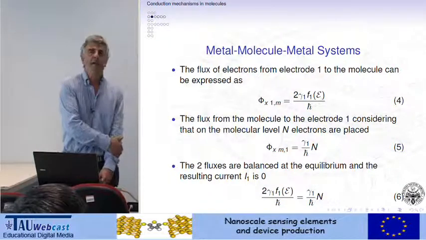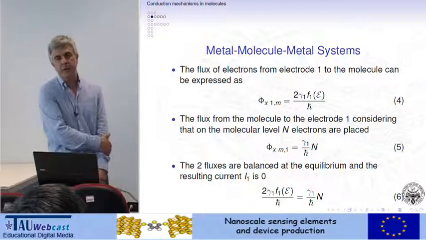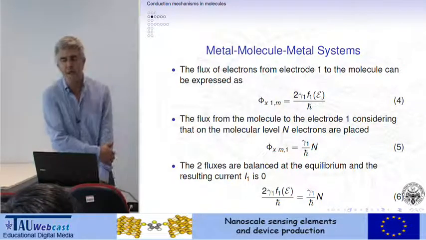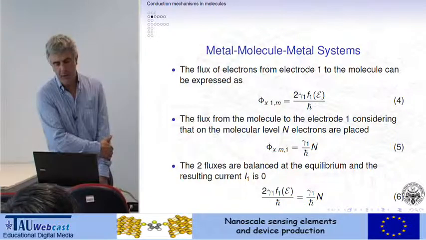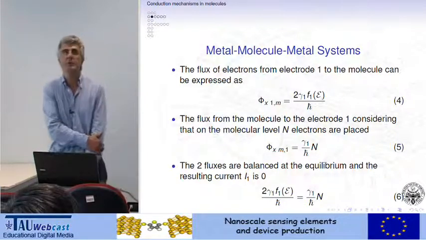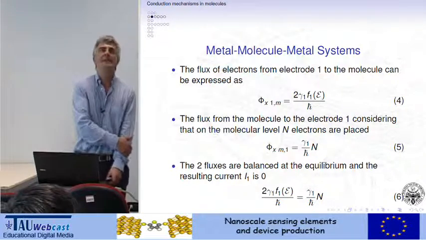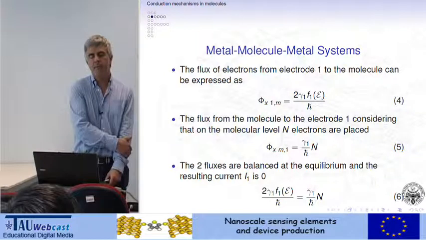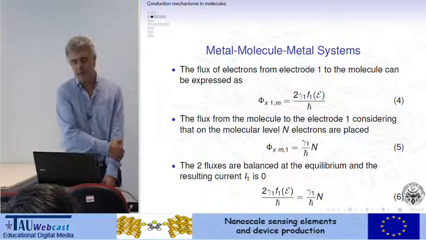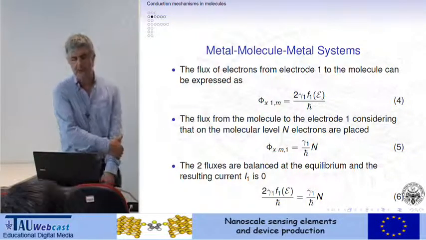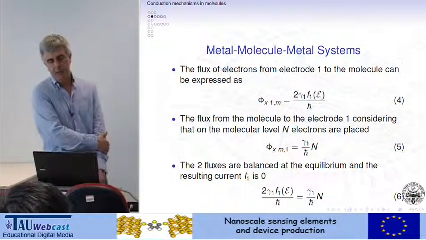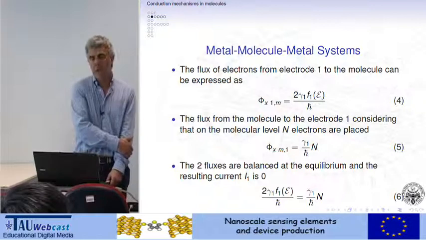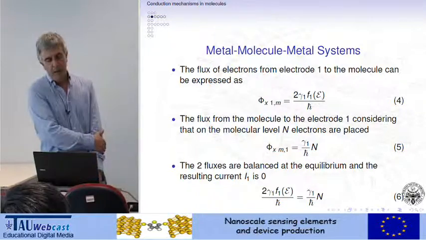In the same way, the 2 is related obviously to the possible spin of the electron in the state. So we are considering just one level. For that level we have just one possible state. That state can be occupied by 2 electrons at the maximum, and so this is the reason for the 2. 2 f1 times gamma over h bar.